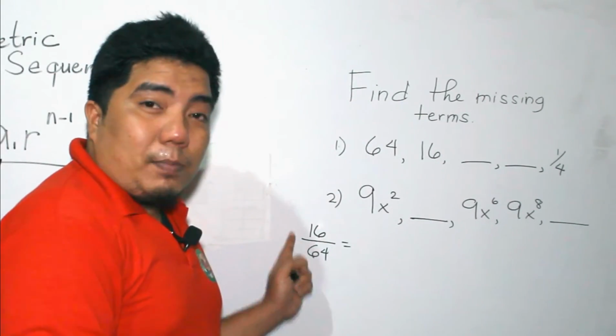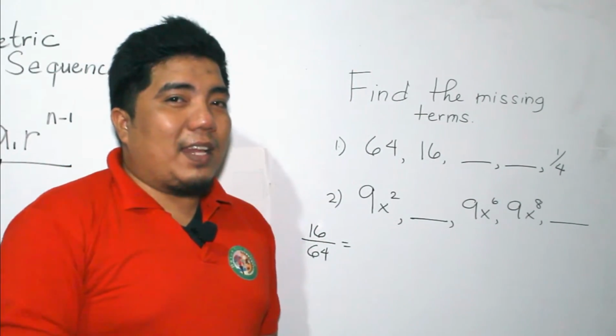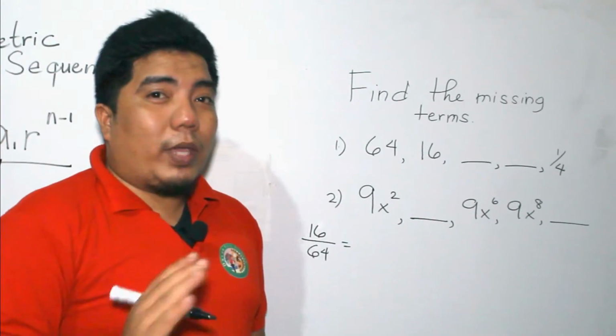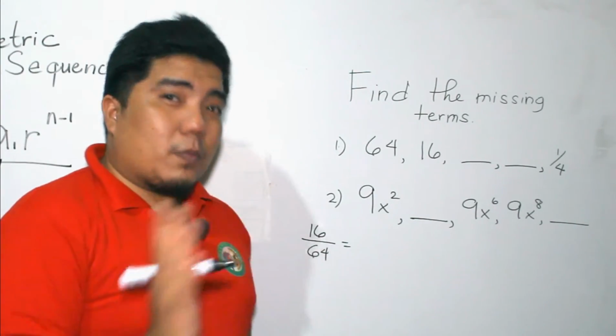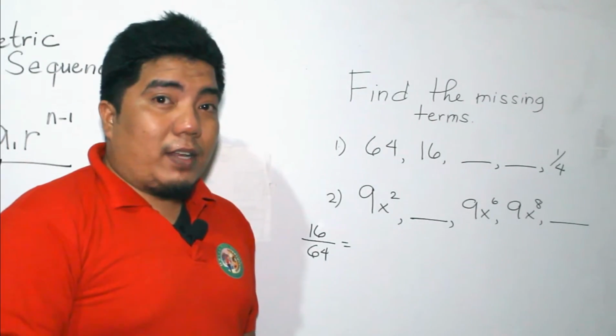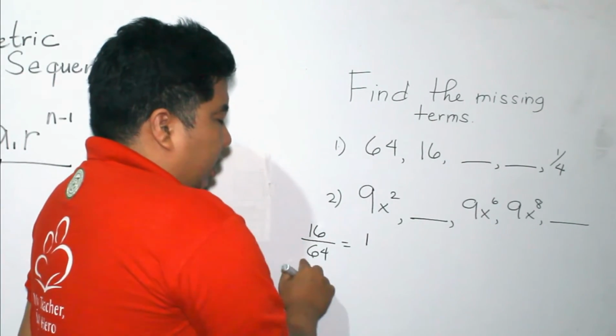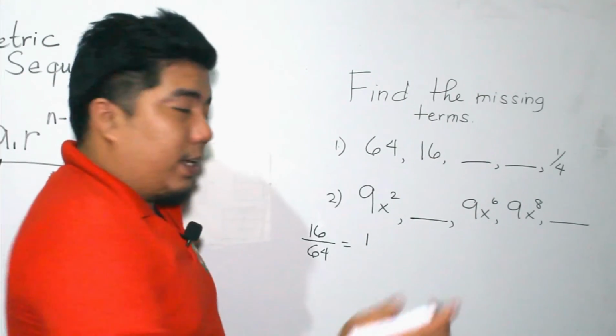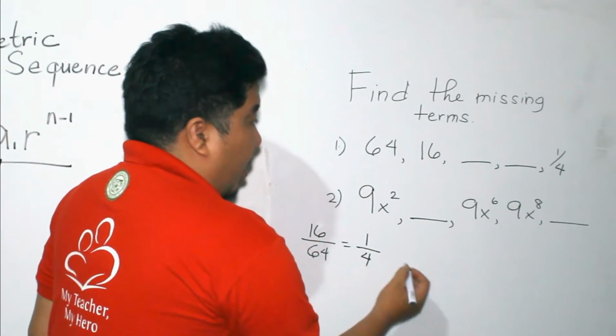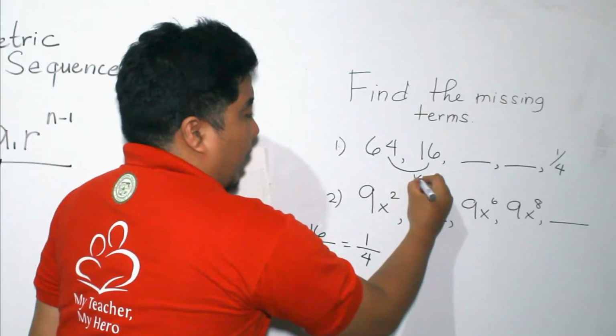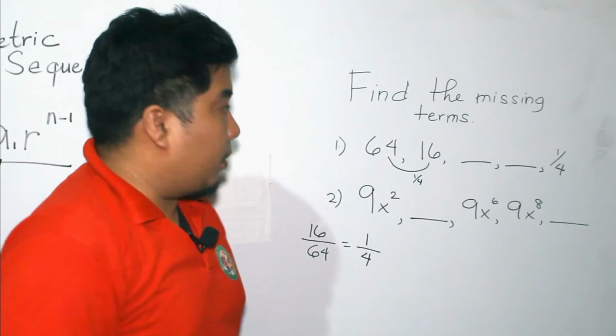Now, can we divide 16 by 64? Technically, not. But we can have its lowest term. What is the lowest term? You divide the whole equation by 16. So, 16 divided by 16, that is 1. 64 divided by 16, that is 4. Therefore, what was being multiplied here is 1/4.